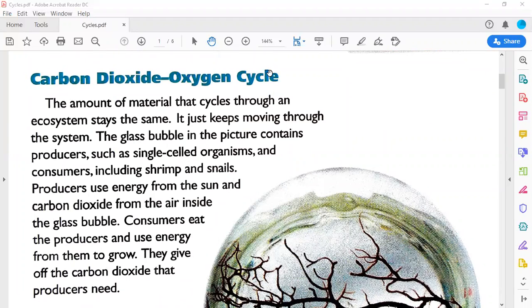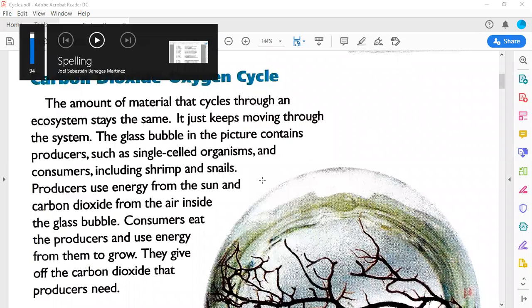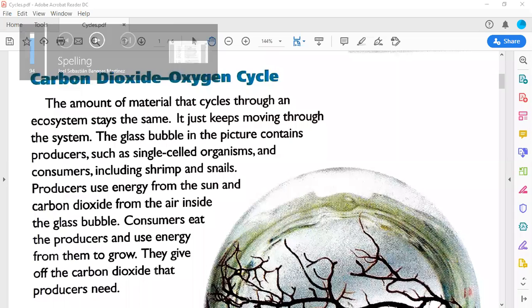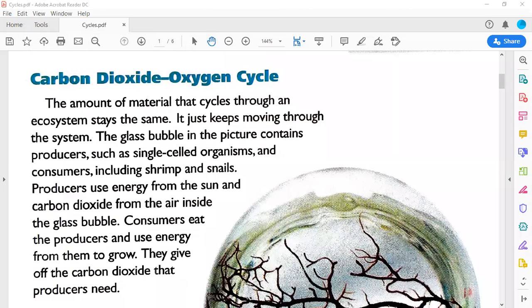The mode of material that cycles through an ecosystem stays the same. It just keeps moving through the system. The glass bubble in the picture contains producers, such as single-celled organisms, and consumers, including shrimp and snails.